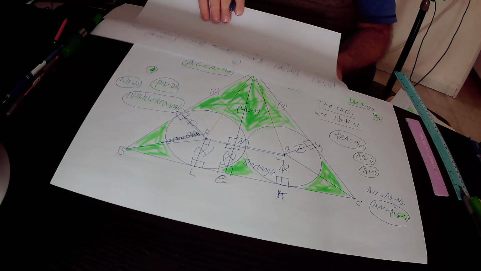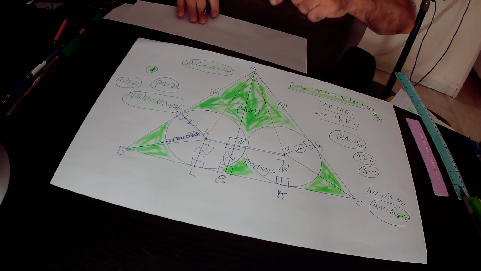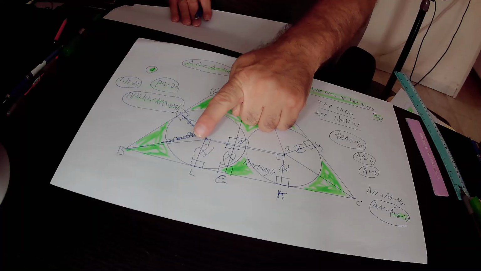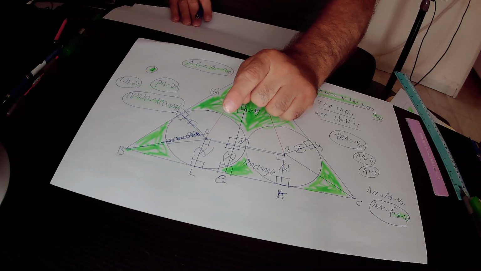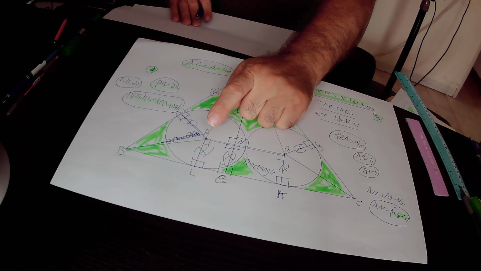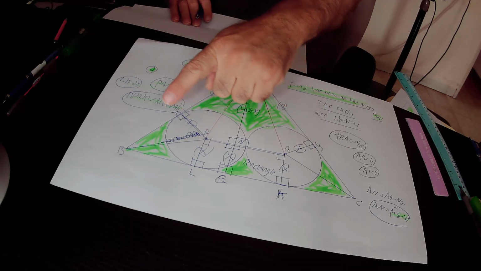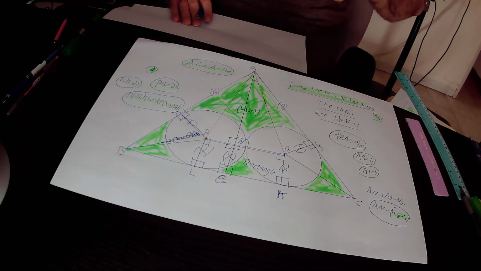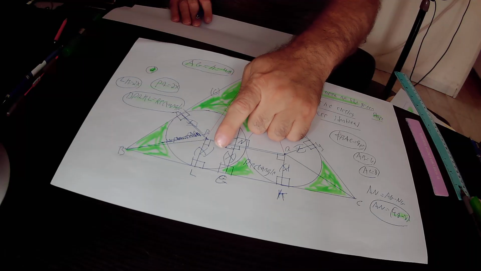Plus the area of the third shape, the triangle PBL. The area of the triangle PBL equals the base BL times the height LP over 2. LP is X. So in total the area of triangle BLP must be equal to BL times X over 2.